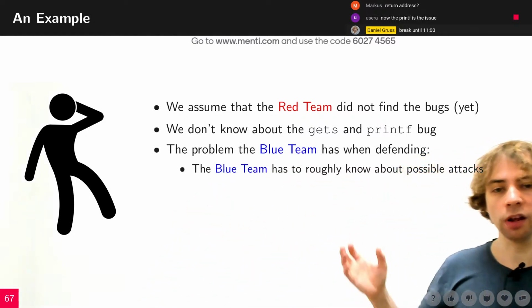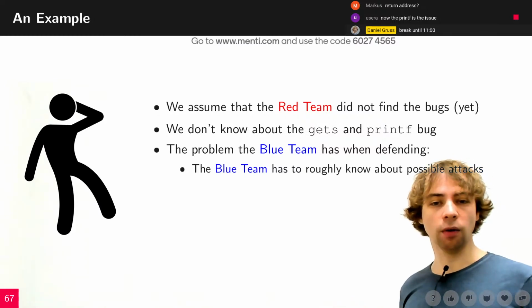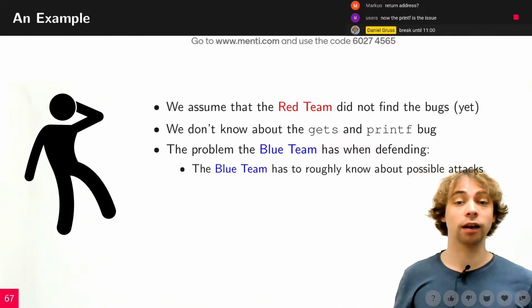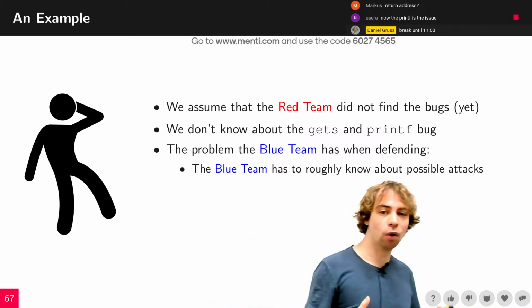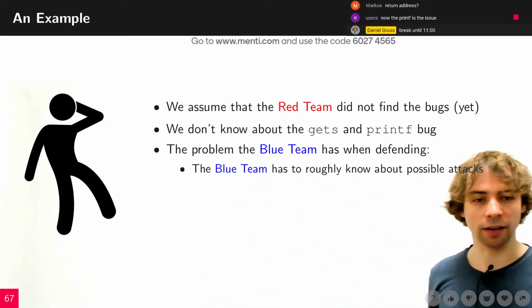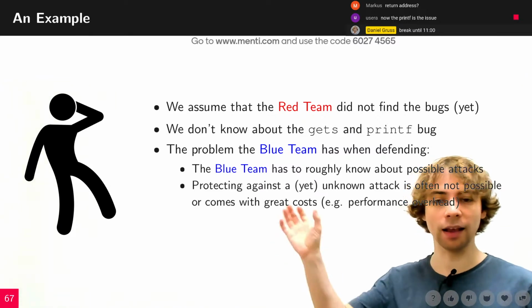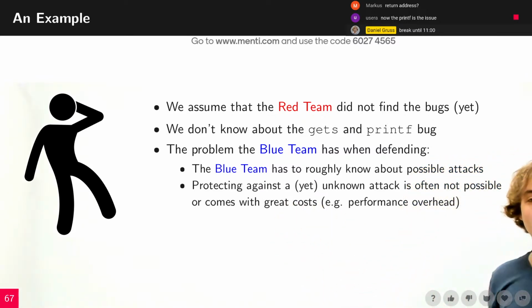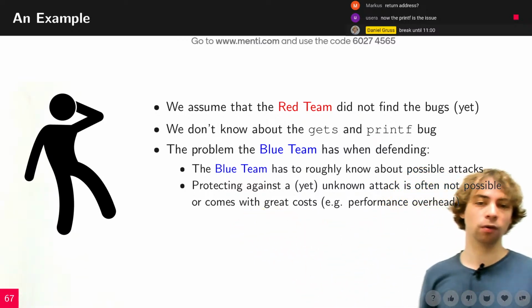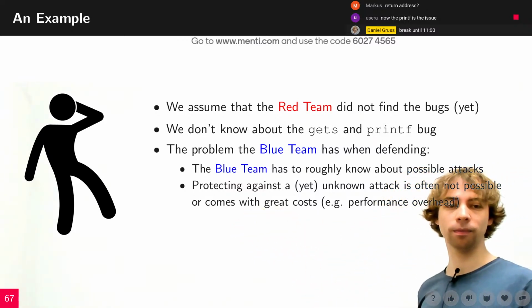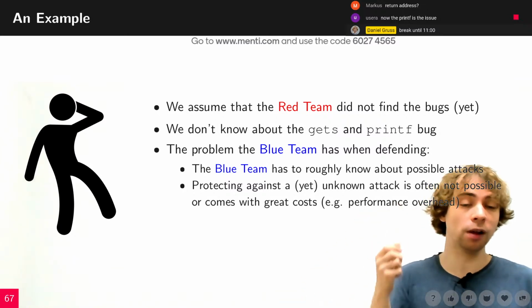So what does the blue team do now if it wants to defend against these attacks that it doesn't know of? The blue team has to know roughly about possible attacks. Protecting against a yet unknown attack is often not possible, or it comes with great costs, performance overheads, because you have to do too many checks, because you don't know whether they will be necessary.